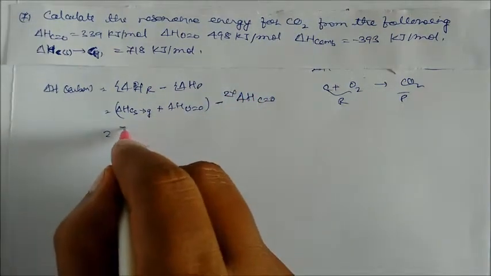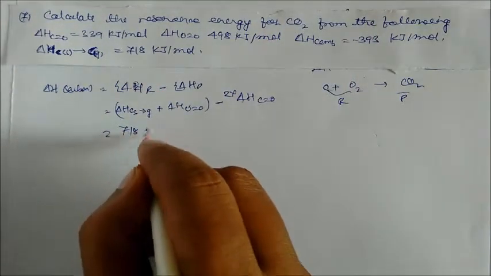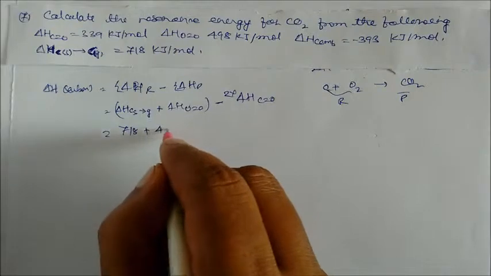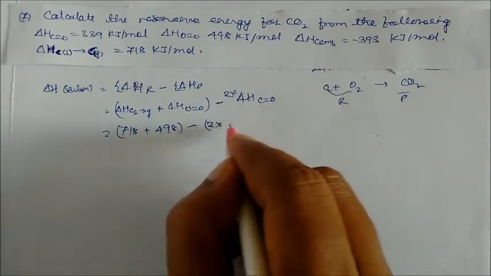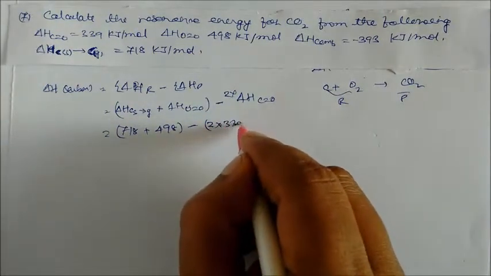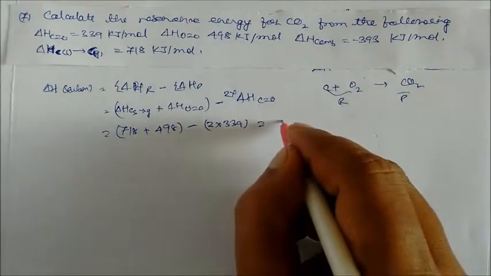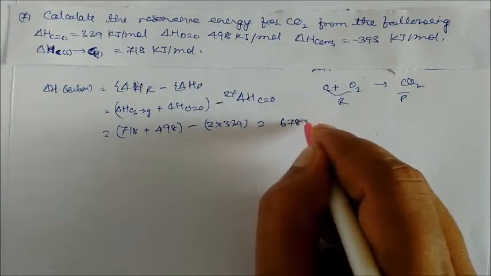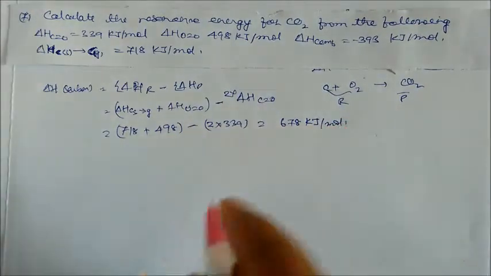So we write here the equation: solid to gas is given here 718, plus oxygen they have given here 498, and minus 2 into the product carbon dioxide, given here 339. So on solving we will get here the value 678 kilojoule per mole. This is our basically answer.